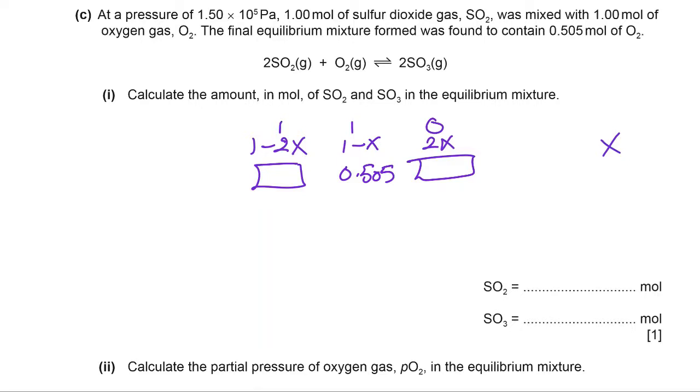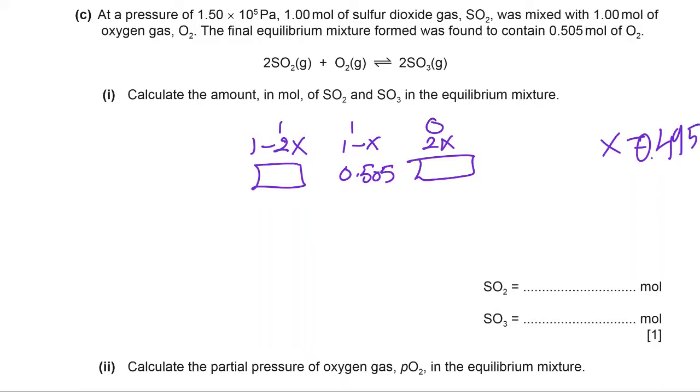1 minus x equals 0.505. So x equals 0.495.